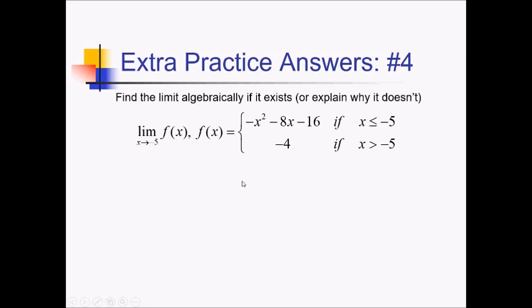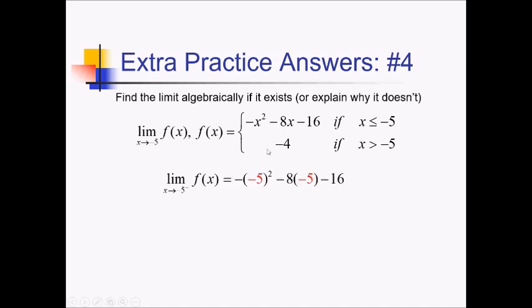For this one, I'm trying to figure out the limit as x approaches negative 5 for this piecewise function. Since negative 5 is a border value, we're going to use the left and the right-sided limits and compare those. So the left-sided limit at negative 5, that's going to be negative 5 plugged into this first rule here. So that's negative 5 squared minus 8 times negative 5 minus 16.